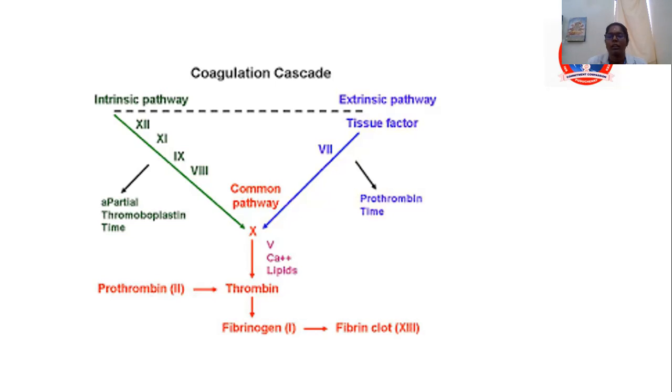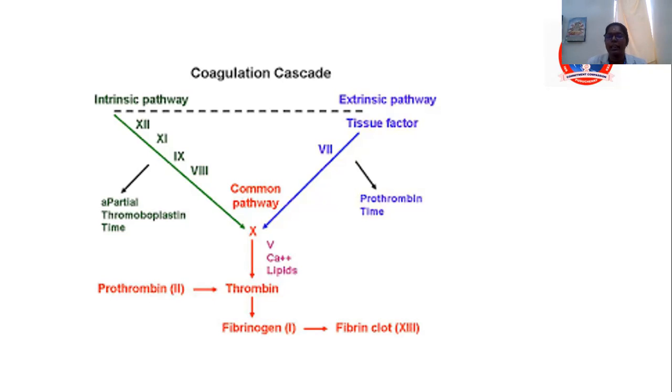The test used to detect abnormalities in the extrinsic pathway is the prothrombin time, and the intrinsic pathway is detected by the activated partial thromboplastin time.